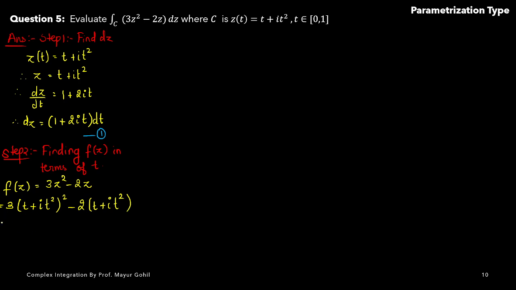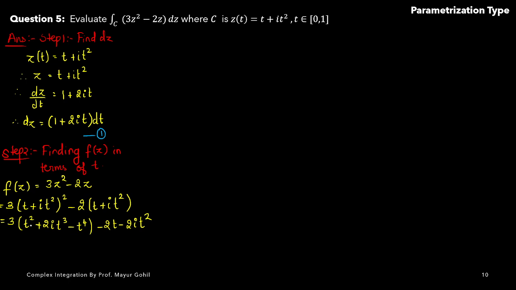Now you expand it, so it is 3 times t square minus t raised to 4 plus 2it cube, minus 2 times t plus it square.